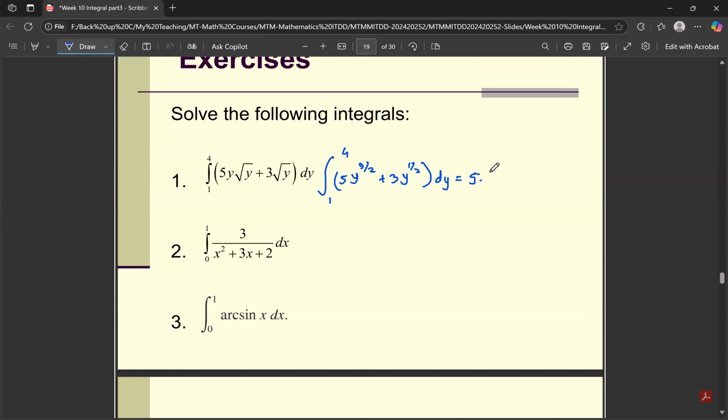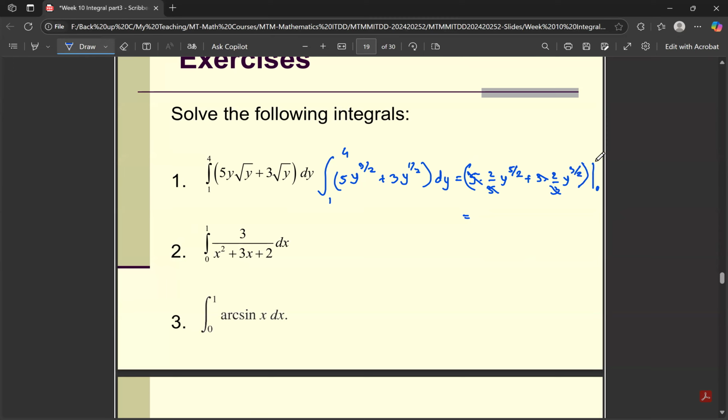So we have 2 over 5 y to the power 5 over 2, and then this can be cancelled out, plus this is 3, and also 1 over 3 over 2, so we have 2 over 3 y to the power 3 over 2, plus c. Sorry, we don't write plus c here.